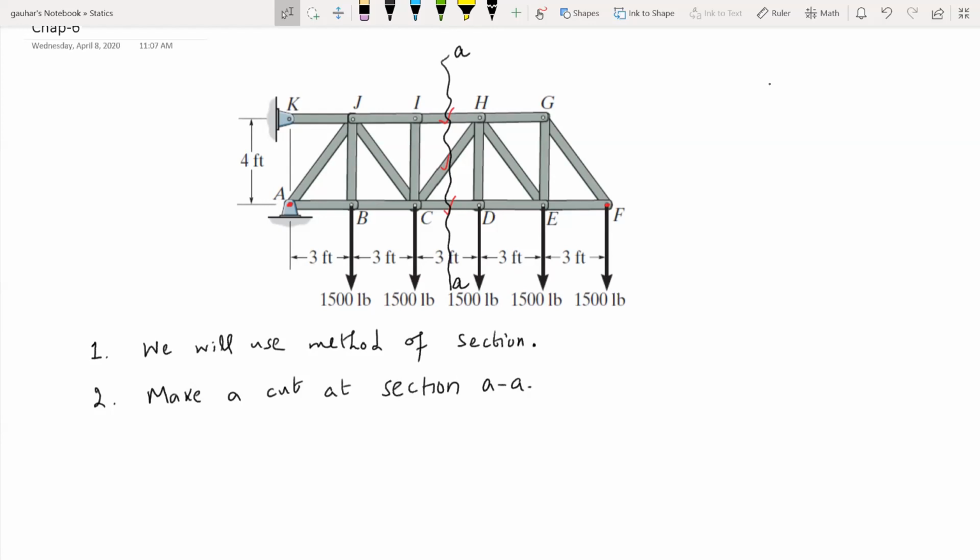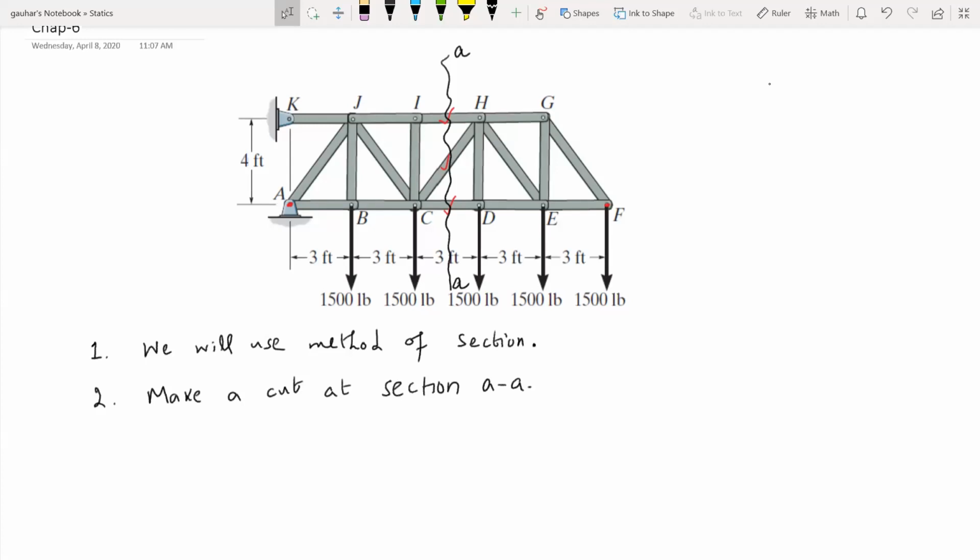That's a good option. If you take the left side, you need to find the support reactions at point A and point K, which is an additional step, and you also have two external forces. Visualizing the analysis of both sides, the right side is easier. That's why we want to analyze the right side of the cut.